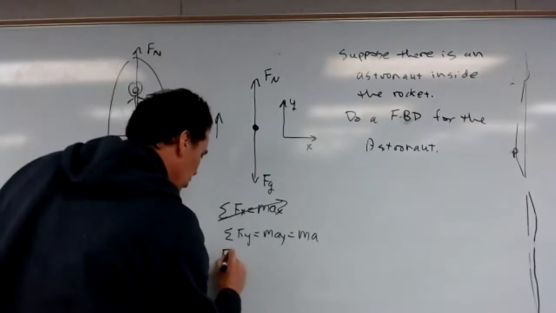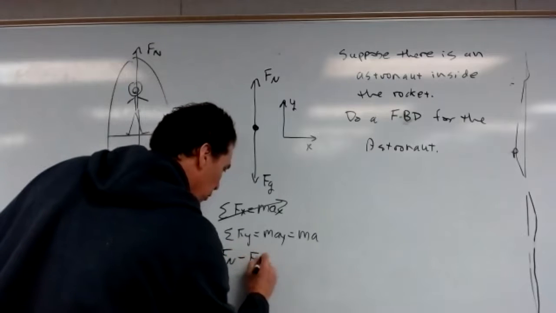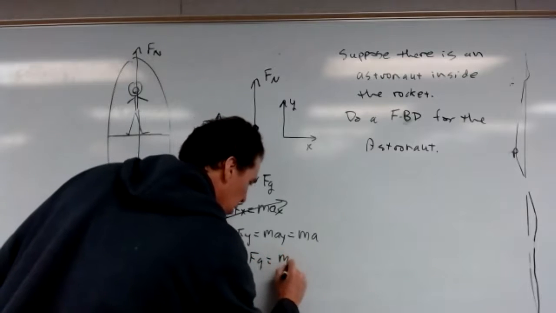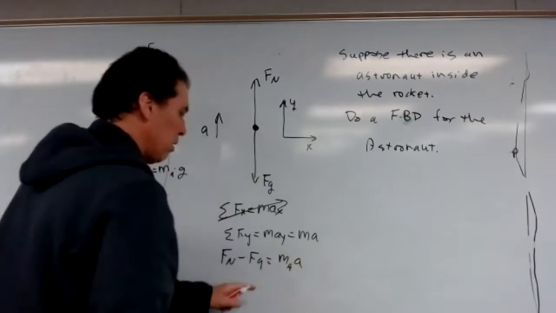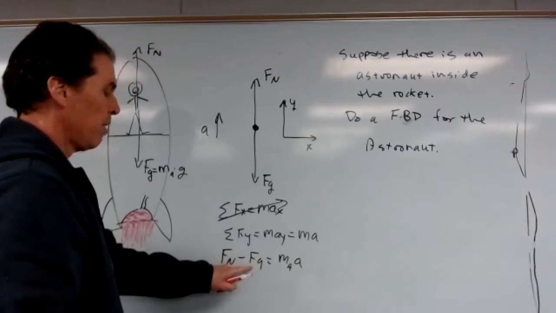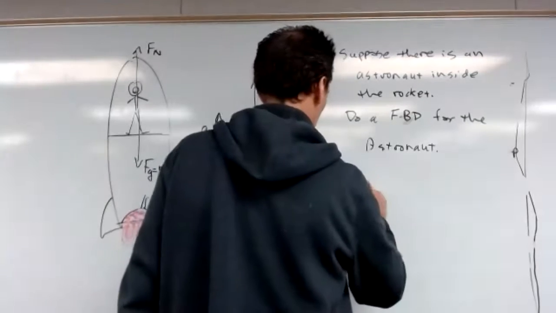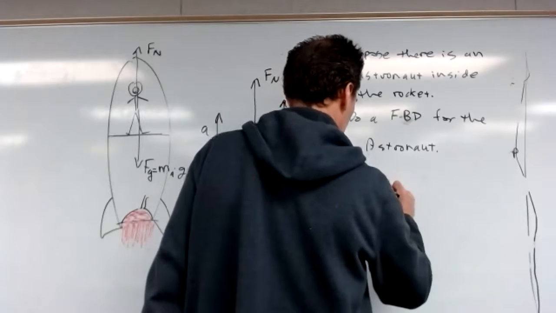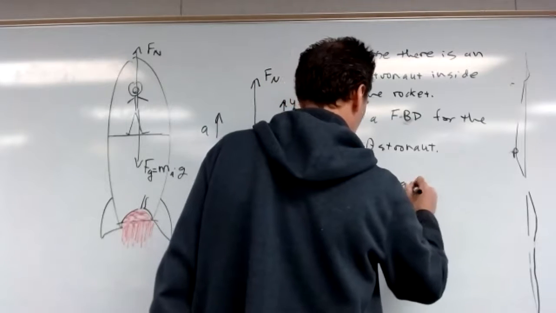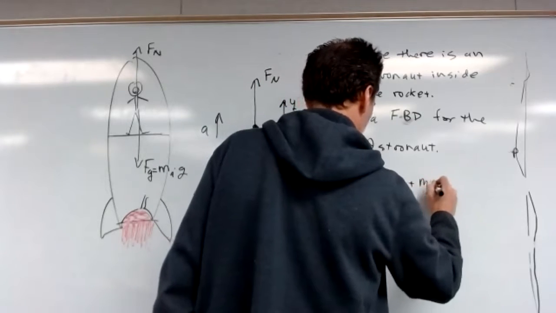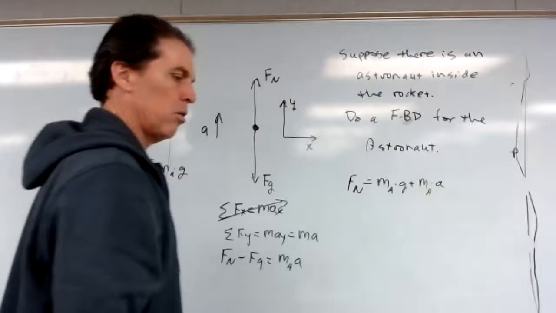And so in this case, it's the normal force minus the force of gravity equals the mass. And this, not the spaceship, but the astronaut is the mass that we're talking about now. And the force of gravity is the force of gravity on the astronaut. And so I can say the normal force is equal to the mass of the astronaut times g plus the mass of the astronaut times whatever acceleration it has.